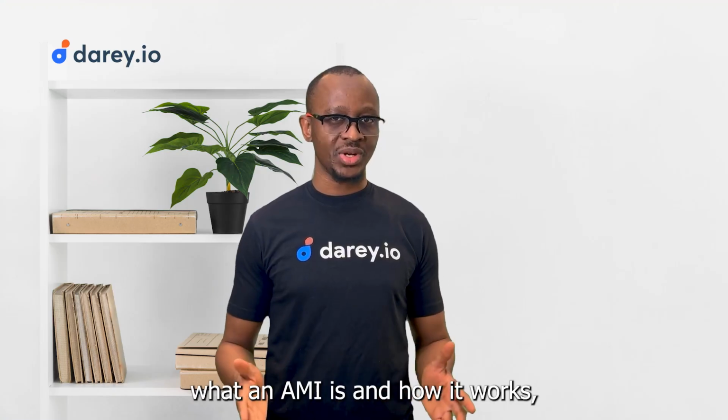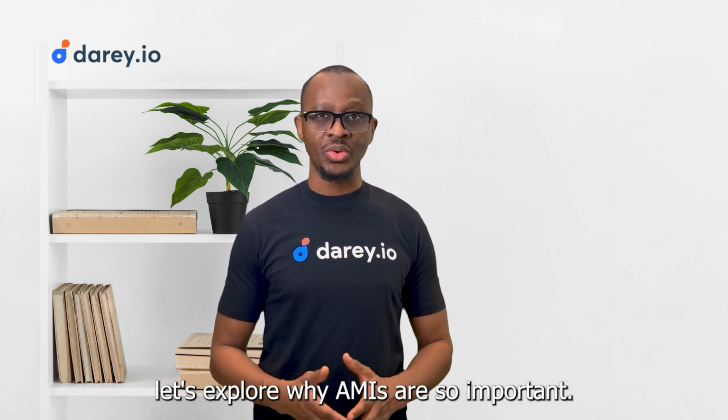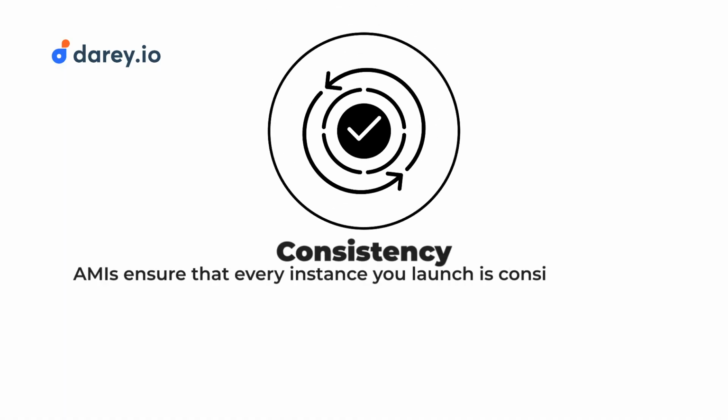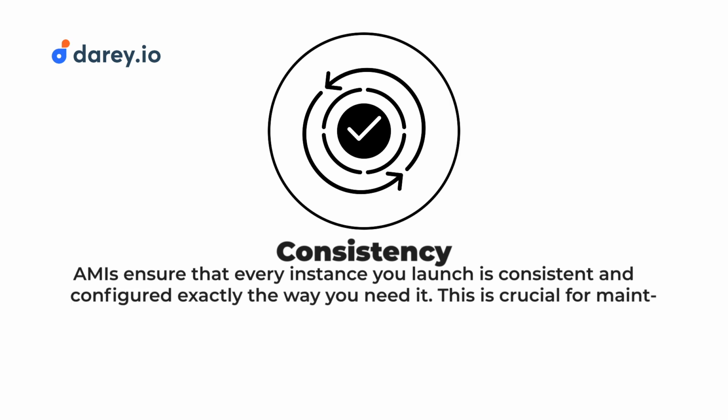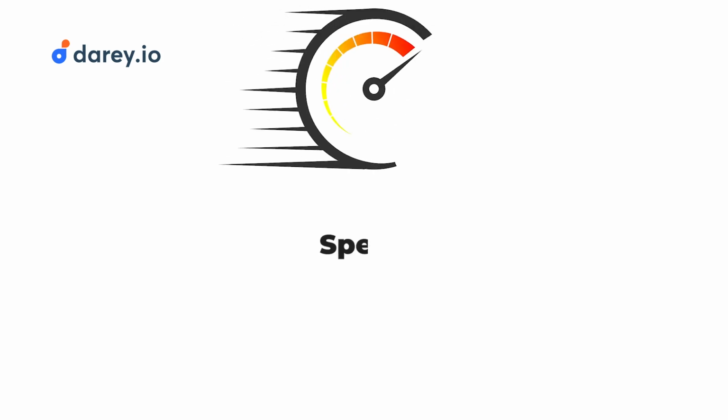Now that we understand what an AMI is and how it works, let's explore why AMIs are so important. Consistency. AMIs ensure that every instance you launch is consistent and configured exactly the way you need it. This is crucial for maintaining reliability and reducing errors in your environment. Speed.